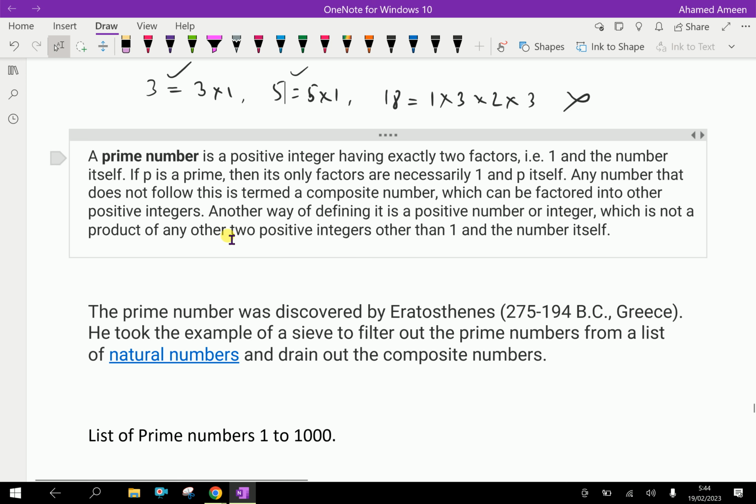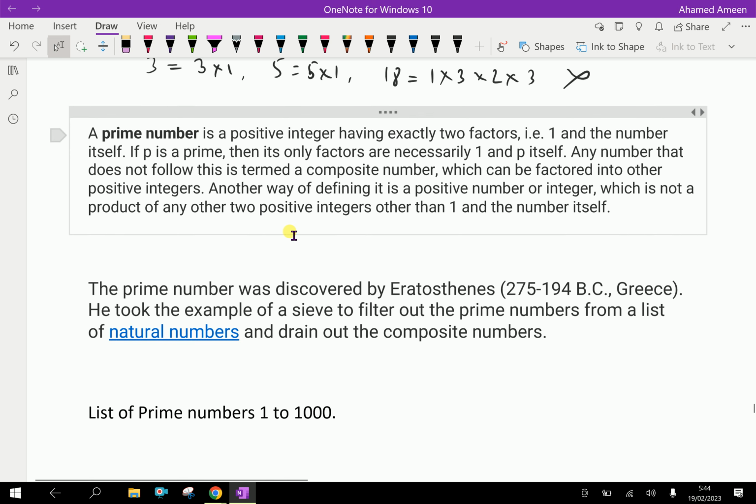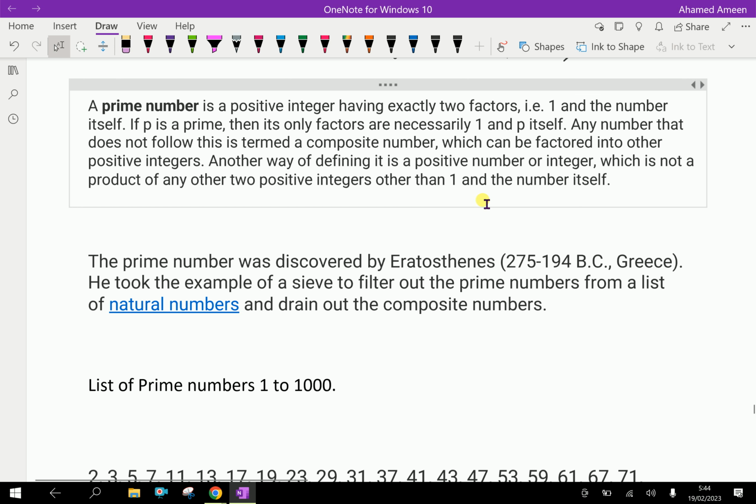Any number that does not allow this is termed a composite number, which can be factored into other positive integers. The numbers other than prime numbers are called composite numbers. Another way of defining it: a positive integer which is not a product of any two positive integers other than 1 and the number itself is a prime number.